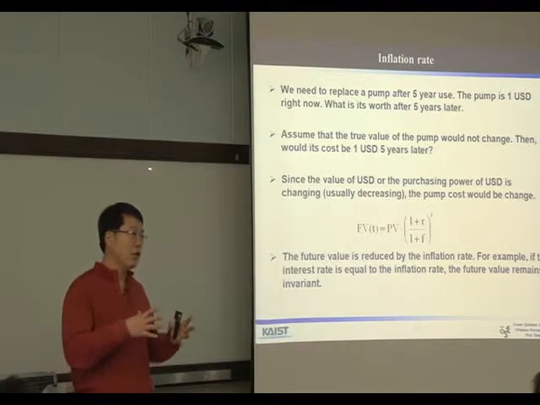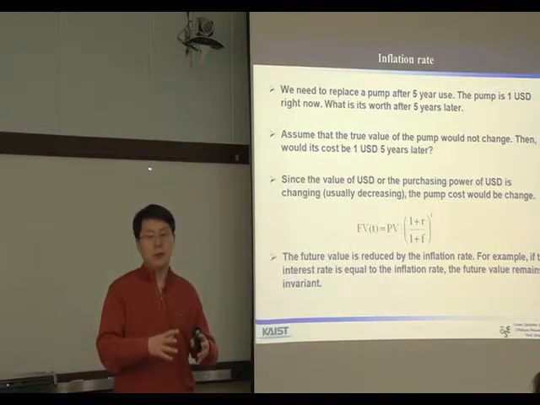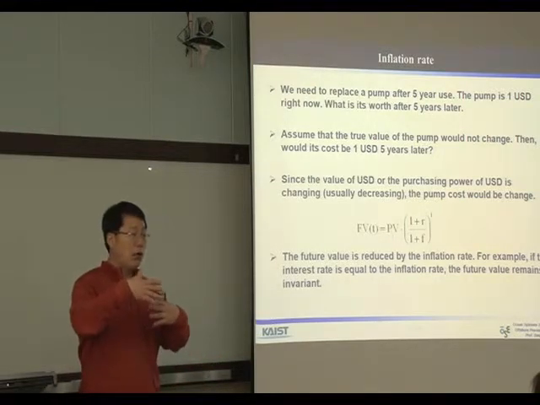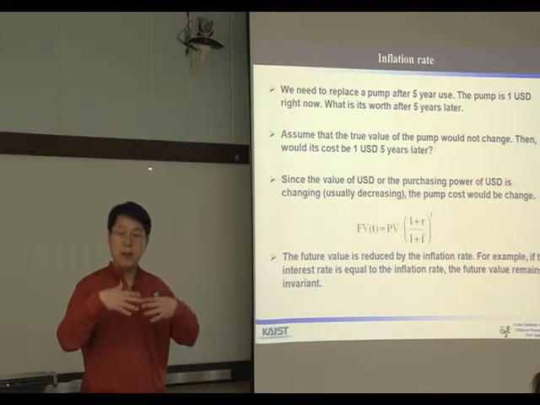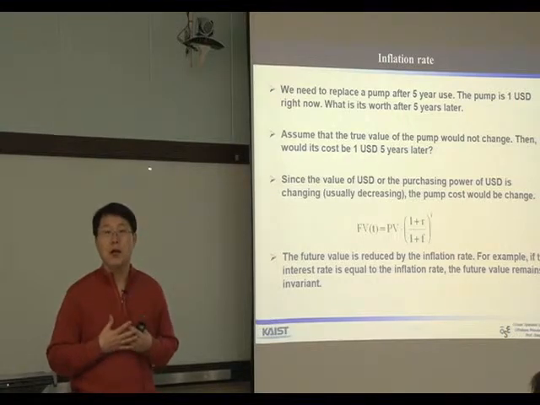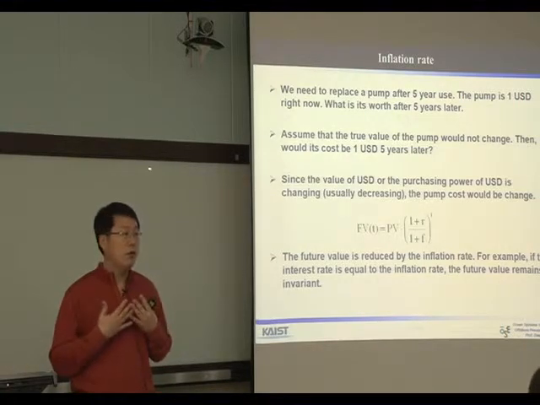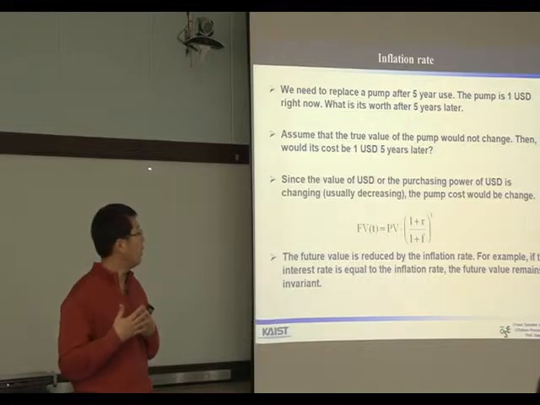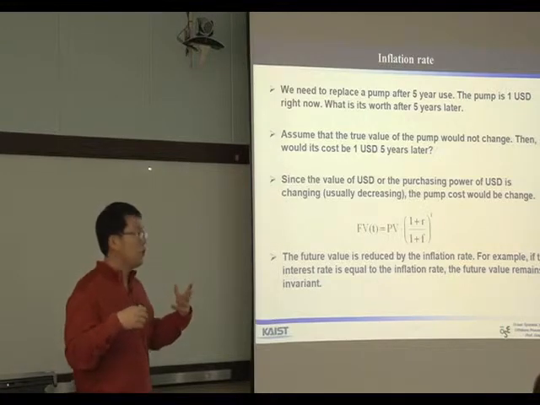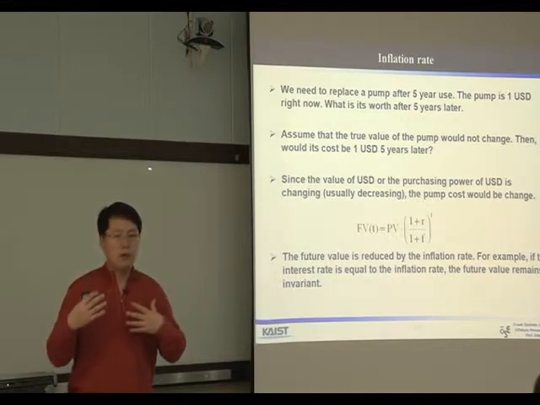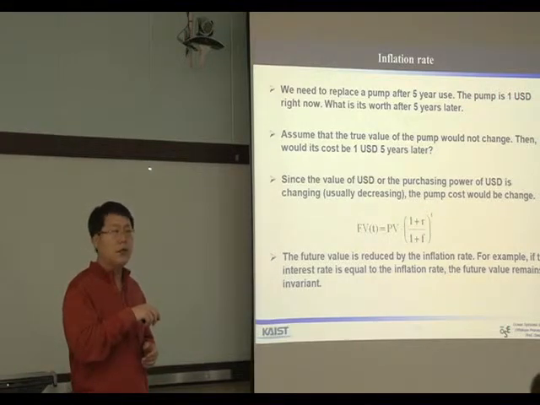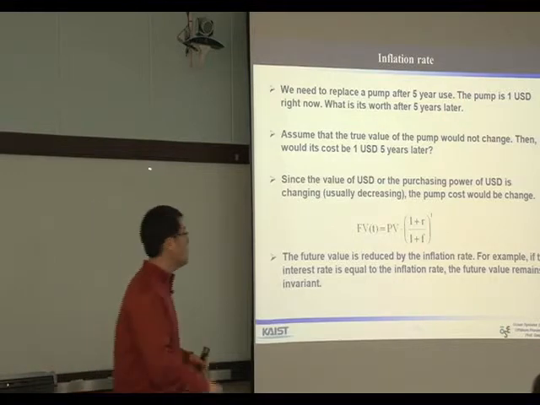So considering the cost of the constituents of the hamburger, we know that the value of our money is decreasing with time. So this is inflation. The absolute value of our money is decreasing with time. So roughly speaking, the future value is expressed this way.